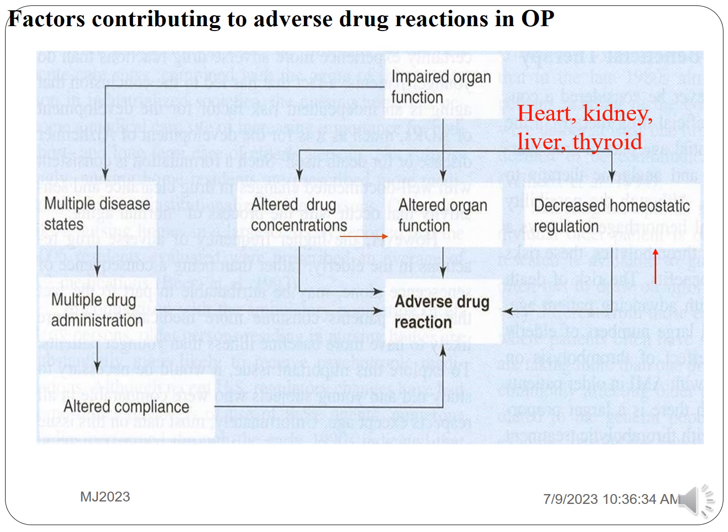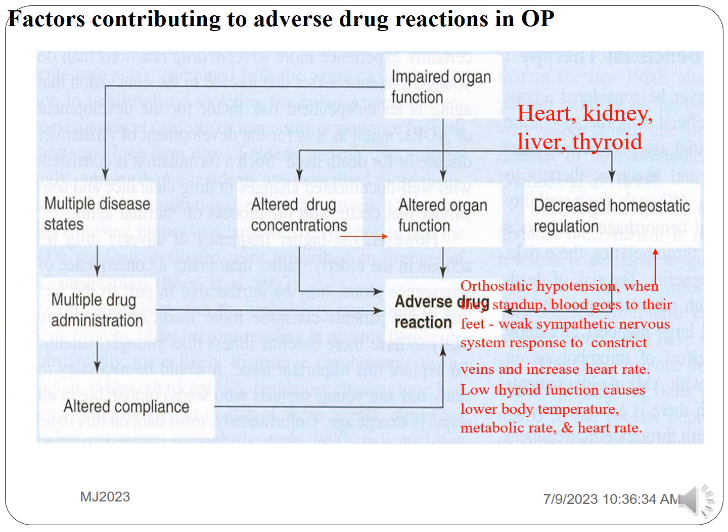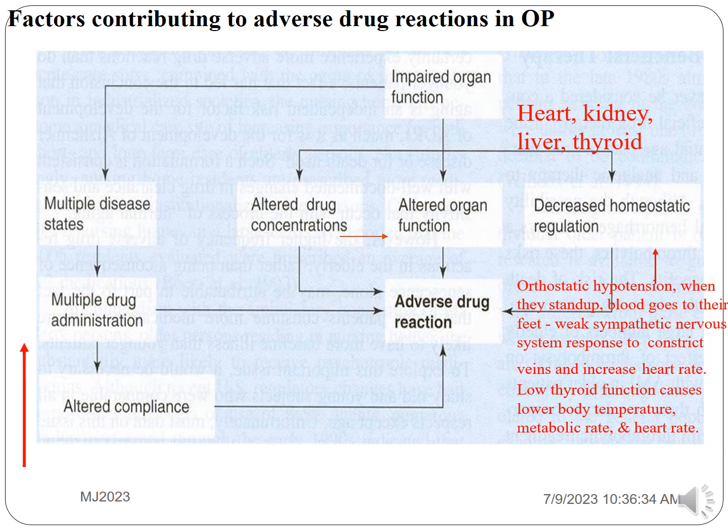And older people with multiple diseases are given multiple drugs, polypharmacy or drug administration, and yet they have altered compliance. And because of changes or impaired organ functions such as the heart, kidney, liver, and thyroid, they have decreased homeostatic regulation, and all these contribute to the adverse drug reactions.